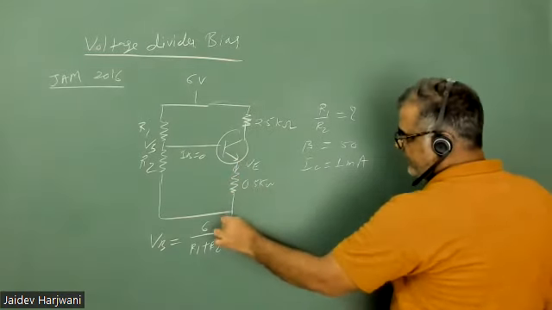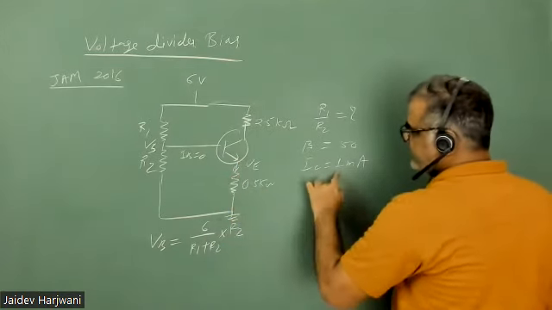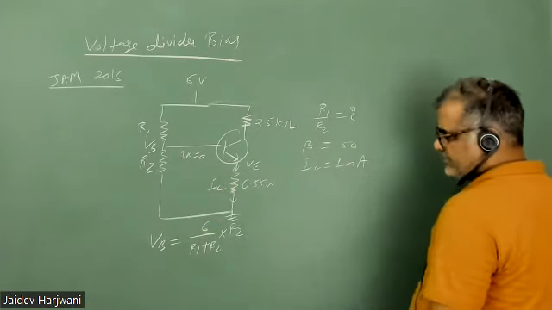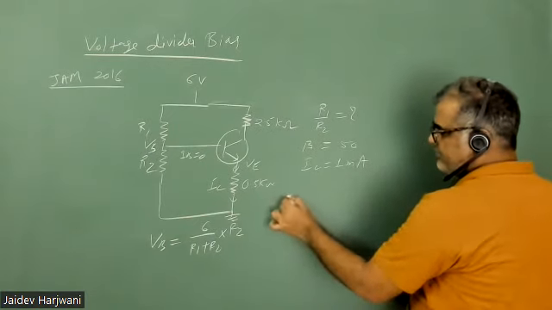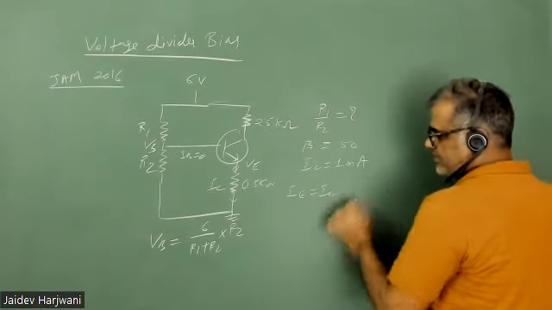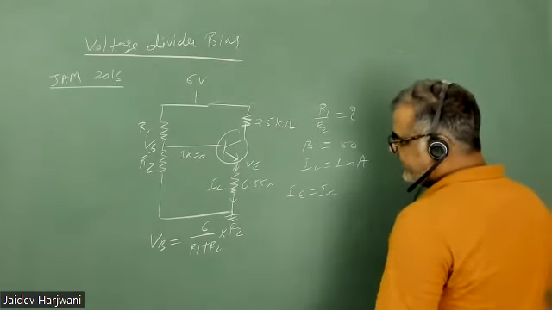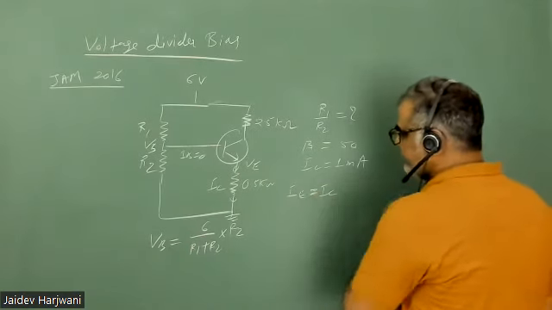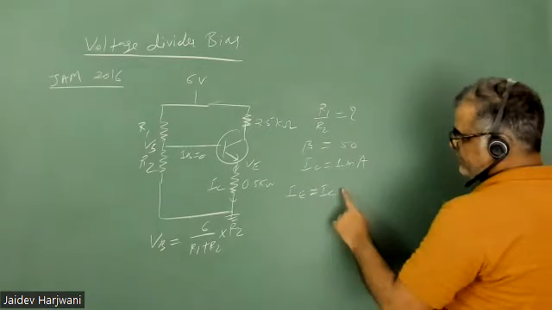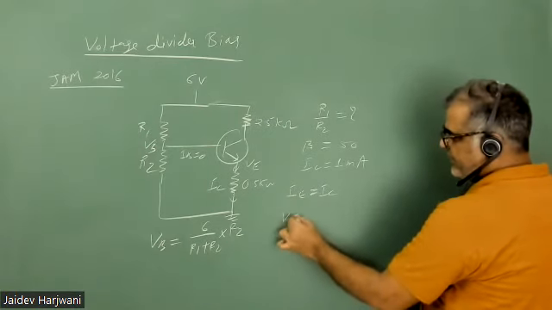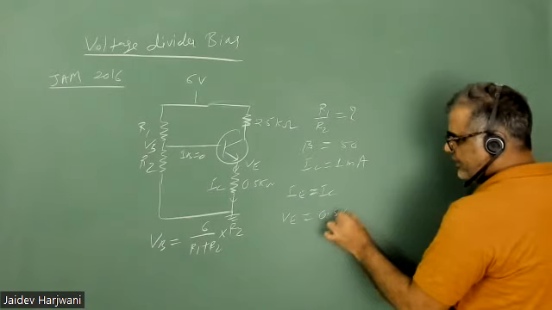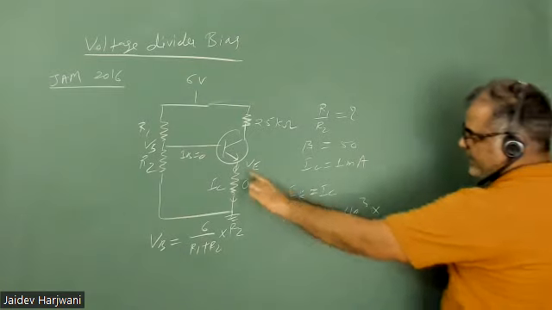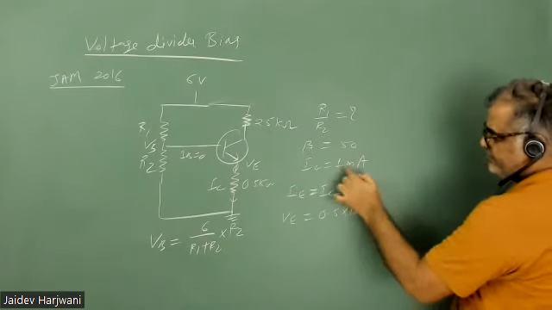VE can be found because IC is already given. So I assume the current is almost IC, IE equals IC. Basically IE is beta plus 1 into IB, or almost IC, since I can neglect the IB here. So IC I know, and VE will be automatically IE into RE, 0.5 kilo ohm, with the current 1 milliampere.